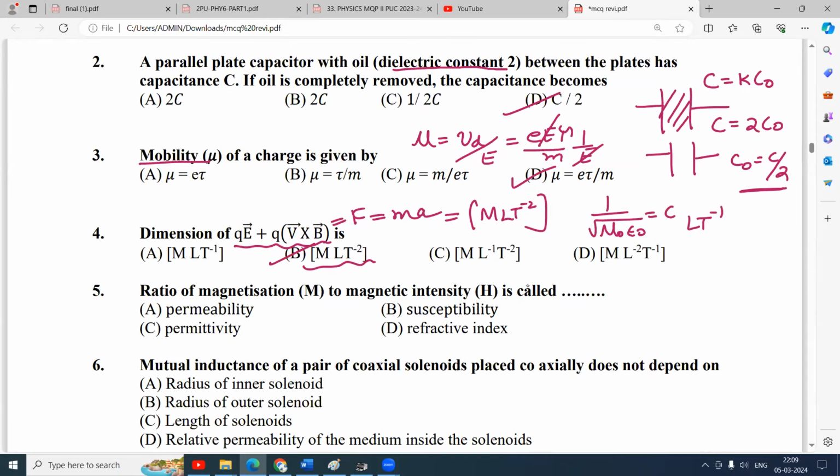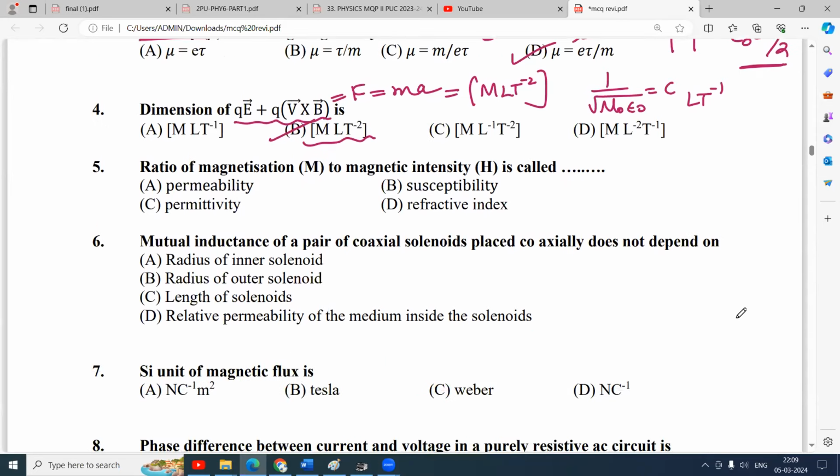Okay, we will move on to the fifth question. Ratio of magnetization to magnetic intensity. Magnetism and matter is a chapter wherein you get plenty of new terminologies, new definitions, and new equations. So better you know all those things and their units, their dimensions, and everything.